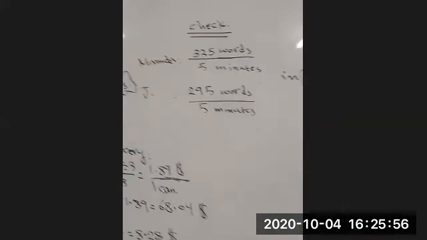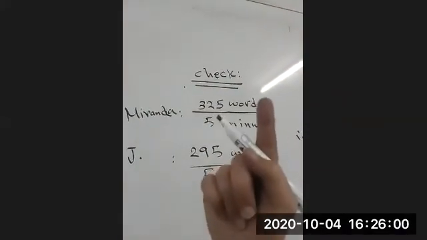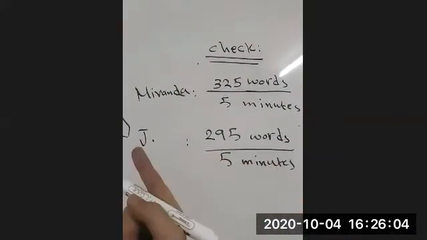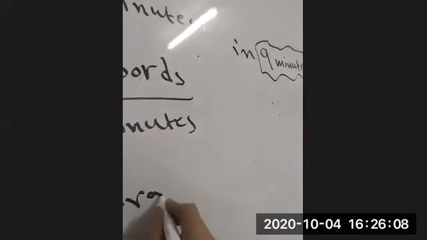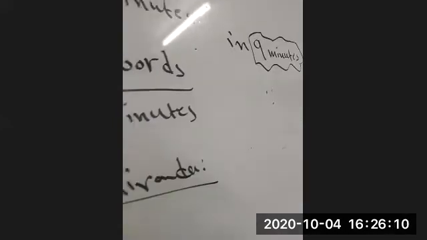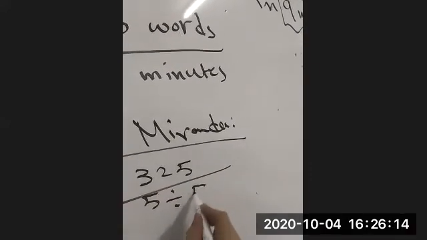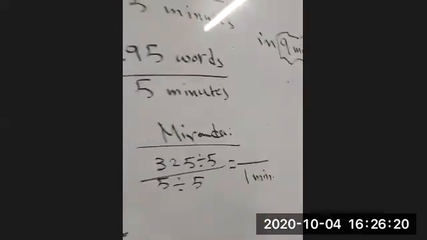Now, to know that, guys, we need to find the unit rate, the words in 1 minute, for Miranda and for Joseph. Let's start with Miranda. 325 divided by 5.